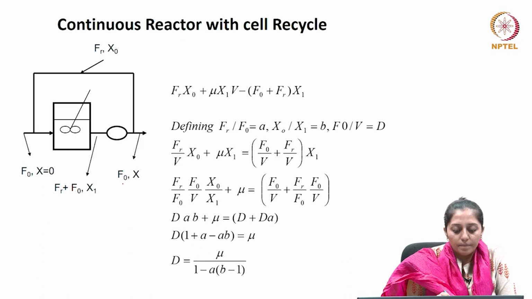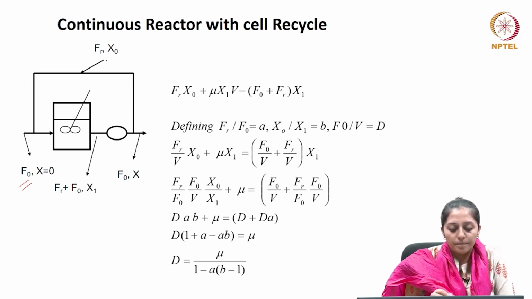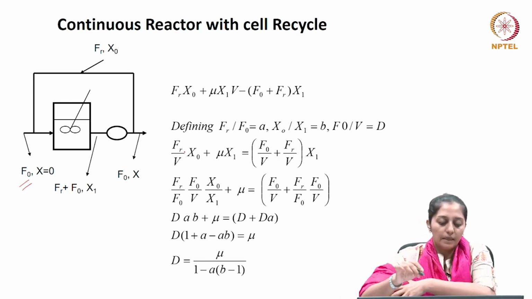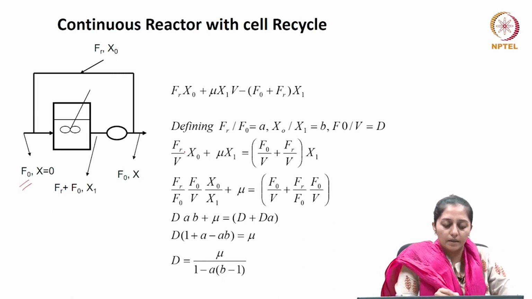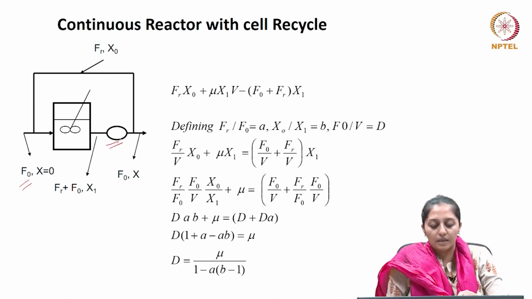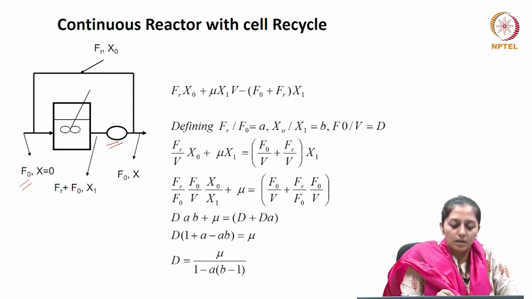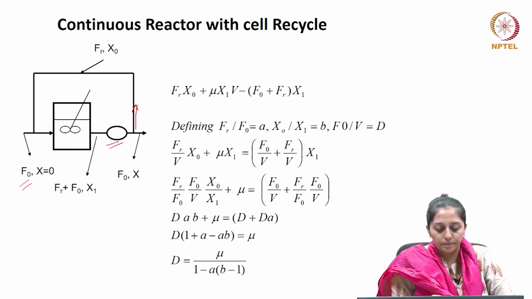The notations have been given as F0 for the inlet stream to the reactor, and Fr is the fraction of the stream which has been sent back as a recycle, and the cell separating device is at the outlet of the reactor as shown here as a small oval shaped circle, and this is the stream which is going back as the recycle.